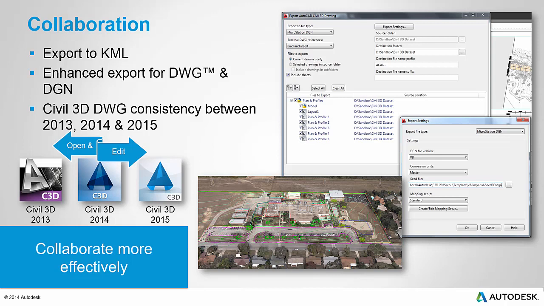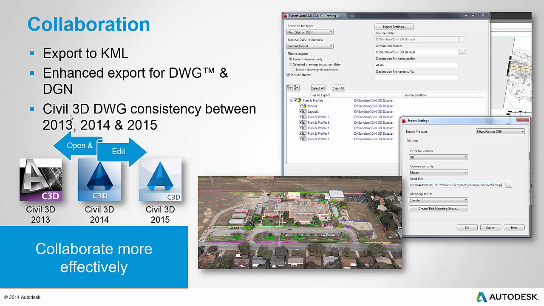The software has also been enhanced in its ability to export our Civil 3D information to DWG or DGN file formats. And probably the most important, or the one that's been asked for primarily by our customers, is to have better consistency between different versions of Civil 3D. So one of the big things that you'll see is that from a 2015 perspective, we can open and edit 2015 drawings that are backward and forward compatible to 2013 and 2014.